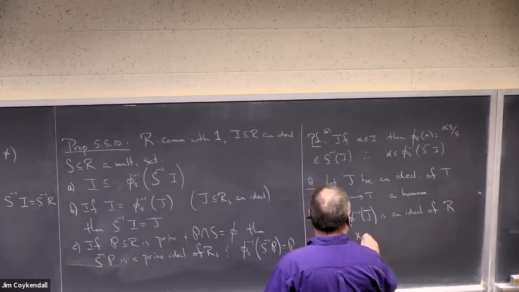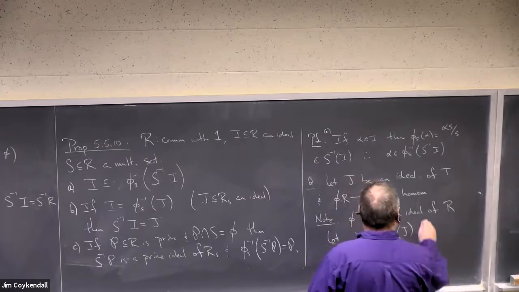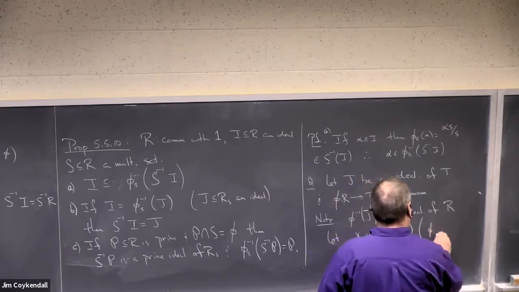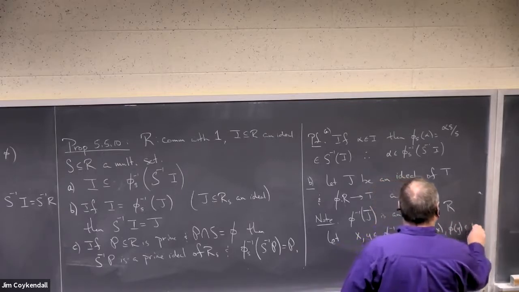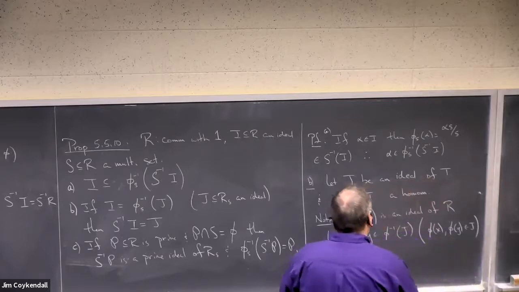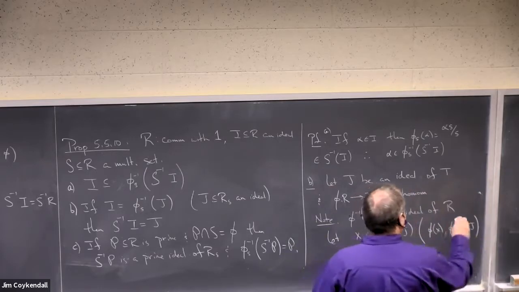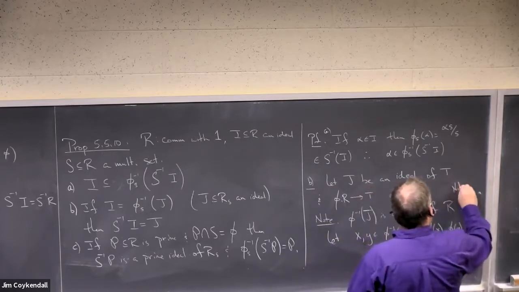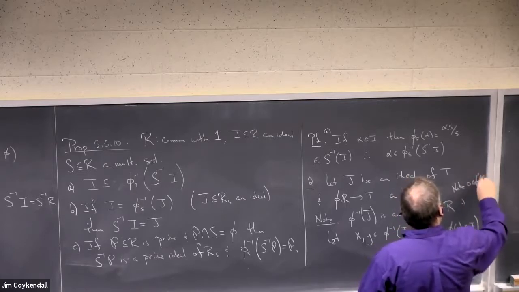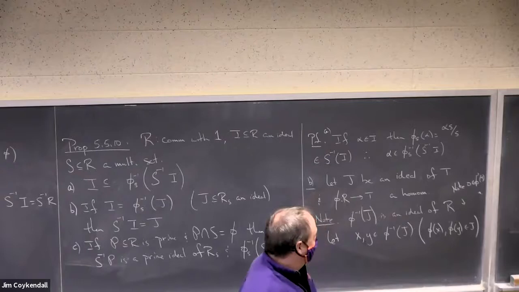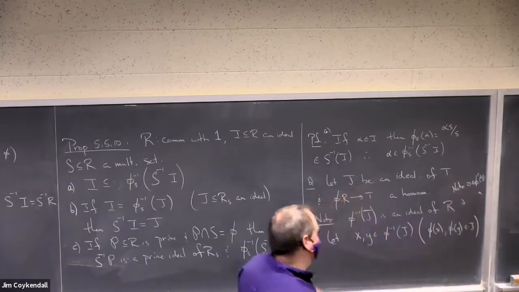Let x and y be in phi inverse of J. Actually, the first thing I should note before I stampede off is that 0 is in phi inverse of J, because phi of zero is zero, since it's a homomorphism, which is in any ideal that you want.